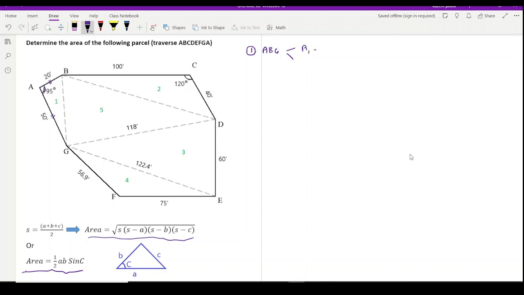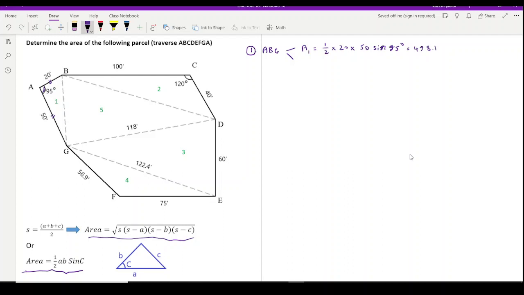So area 1 is going to be equal to a half of 20 times 50 times sine of the angle between these two, which is 95 degrees. If you solve this, you will get 498.1.